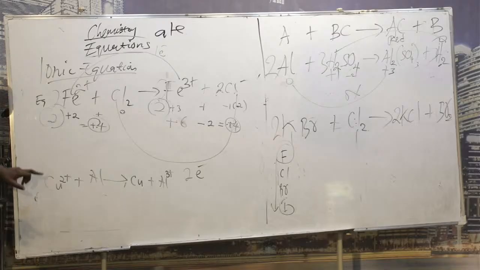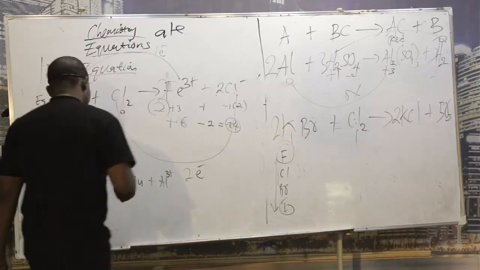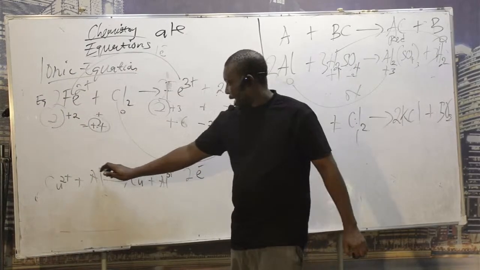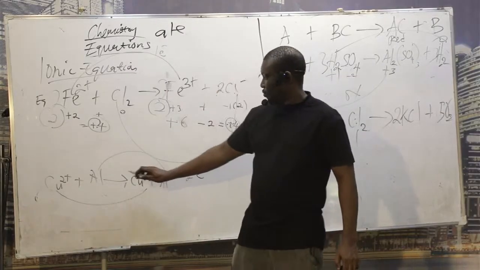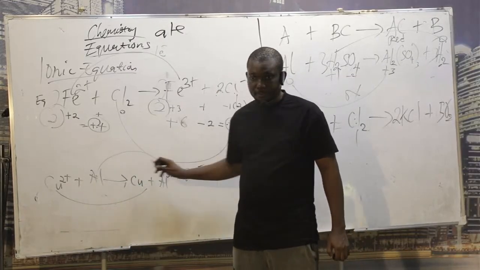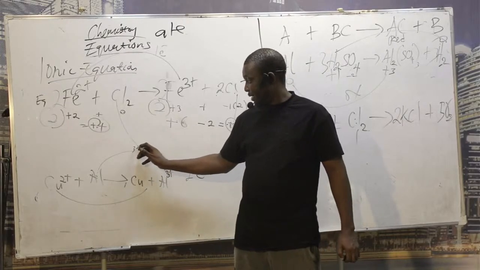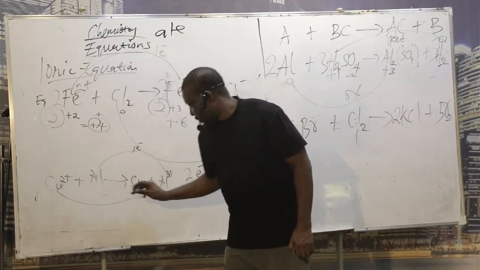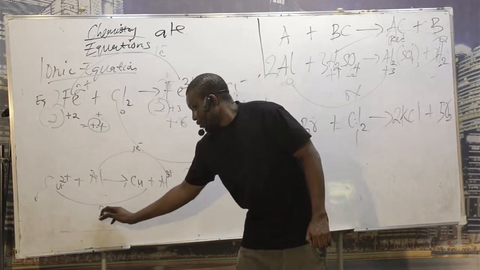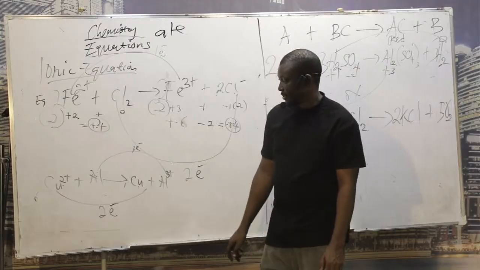Well, let me use this example to explain this one again. Watch this. Who am I connecting? I'll connect this one, and I'll connect these two. What was the difference of charge between these two? I'll write 3 here as 3e minus. What is the difference between this one and this one here? I'll write 2 here and put minus.